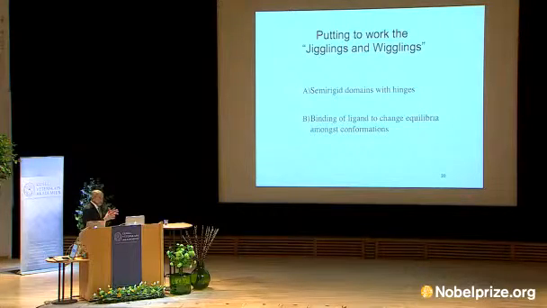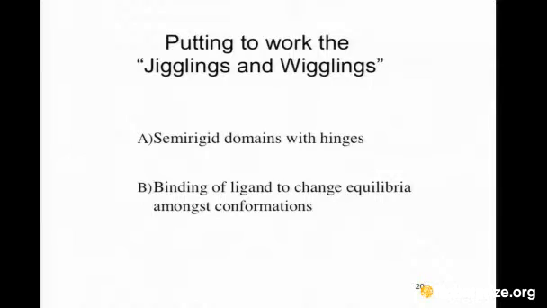Evolution determines the protein structure, and it's a structure in many cases, not in all cases, where the protein is made up of partly rigid units and then hinges which allow the rigid units to move one relative to the other. And then there's some sort of signal, usually the binding of a ligand, which changes the equilibrium between one structure and another.